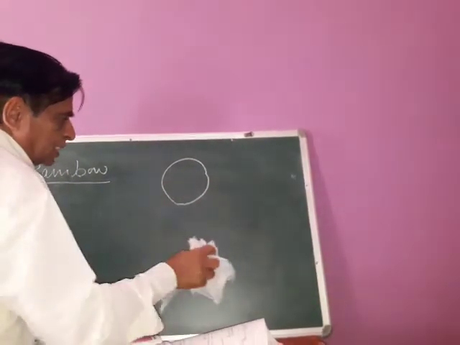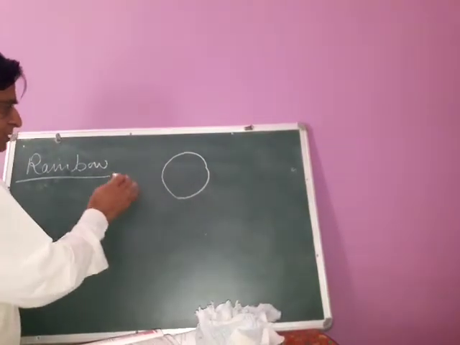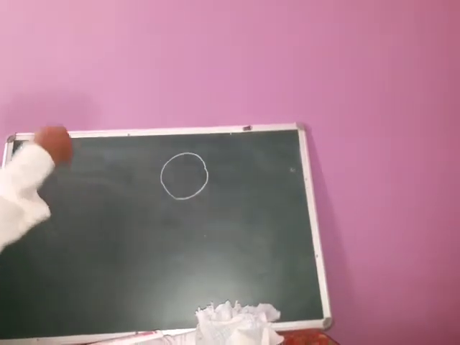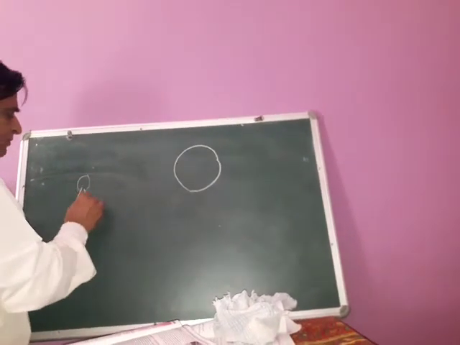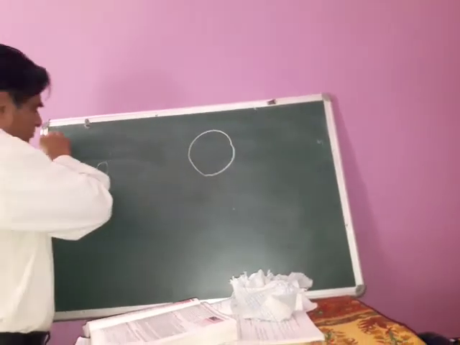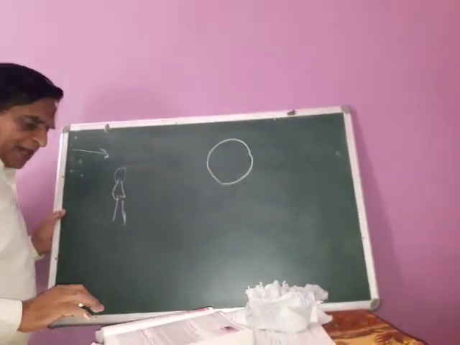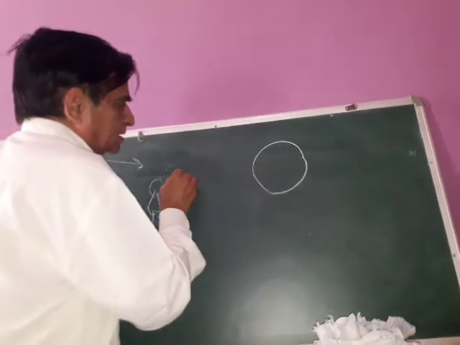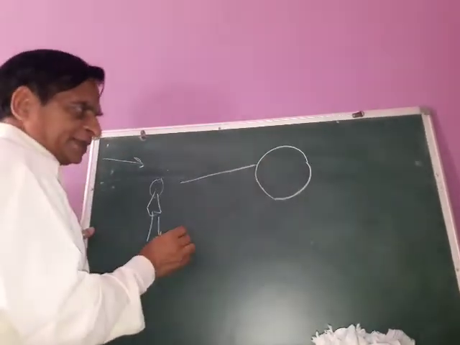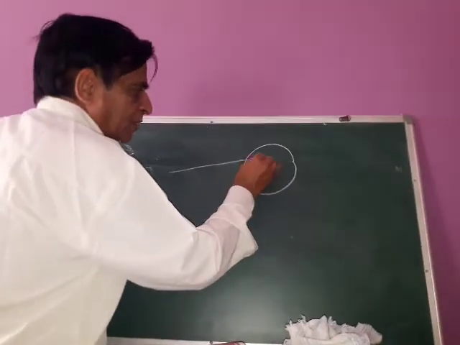Okay, so for watching the rainbow, light should come from the back of the observer. When light falls over this, you can see refraction, it will go here.